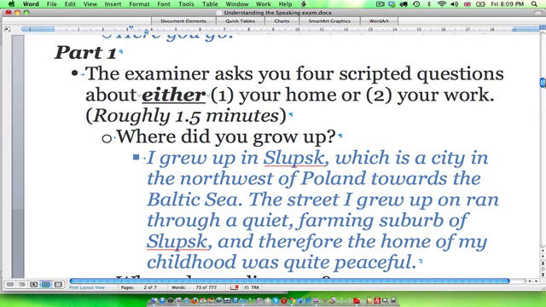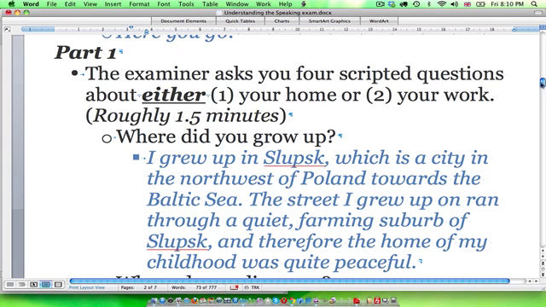And they have roughly 5 minutes to do this. It's flexible, but the entire exam is 15 minutes long. So in this section, the examiner is trying to get everything out of the way within about 5 minutes or so. Okay, so that's all I wanted to mention about that.